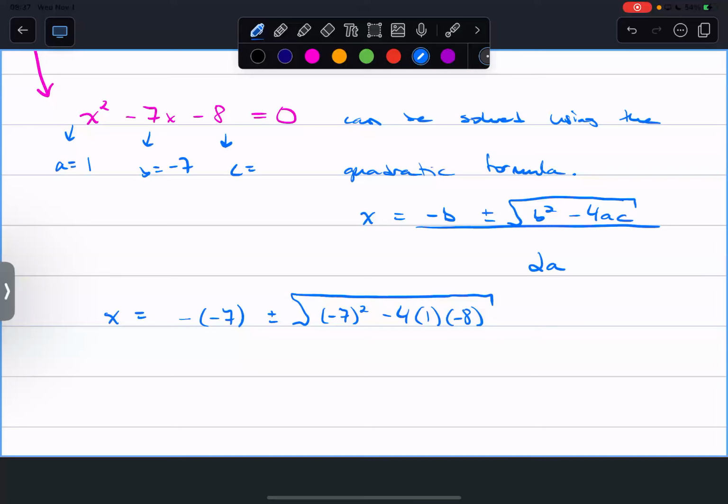For me, the quadratic formula is like my best friend because I don't see the factors.